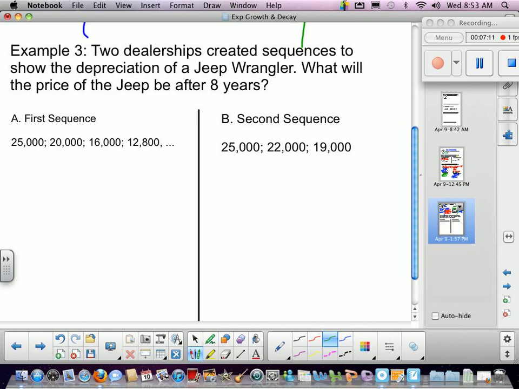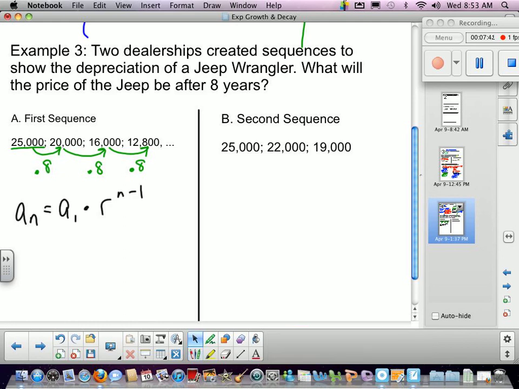Is there a number that we can multiply 25,000 by to get 20,000? It's 0.8. Multiply that by 0.8, multiply that by 0.8. Could have used 4/5 as well, but I'm going to keep it as 0.8 right now. We're going to use the formula a sub n is equal to a sub 1 times r to the n minus 1. Since I'm looking for the 8th year, I'm not going to keep on multiplying by 0.8.